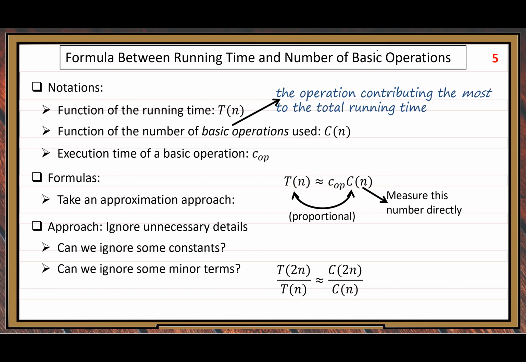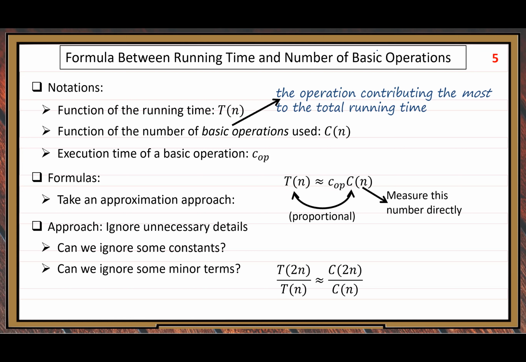This ratio can give us information about how fast the function increases. That tells us this little c constant is not that important, because it cancels out. Without that constant, we can still see how fast the function increases using the ratio.